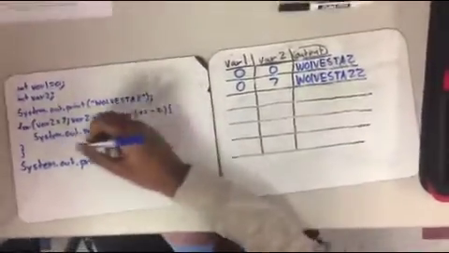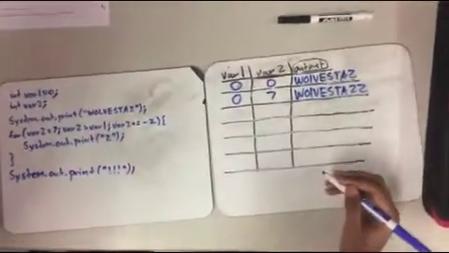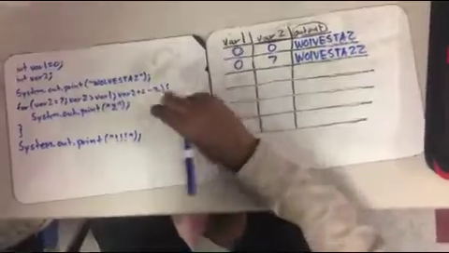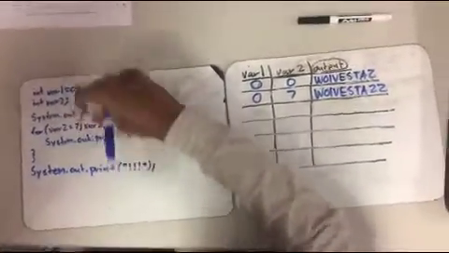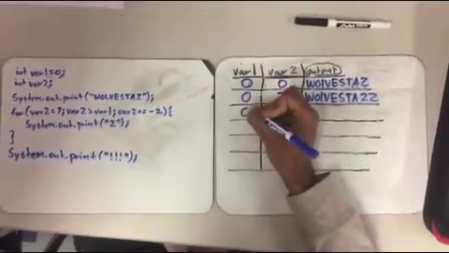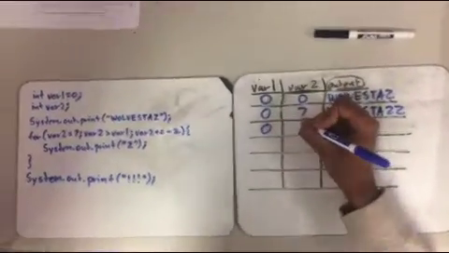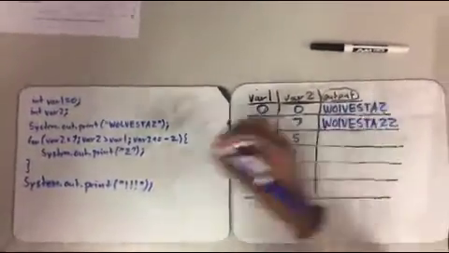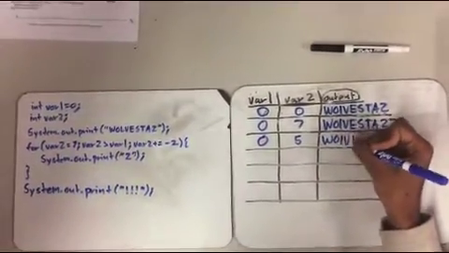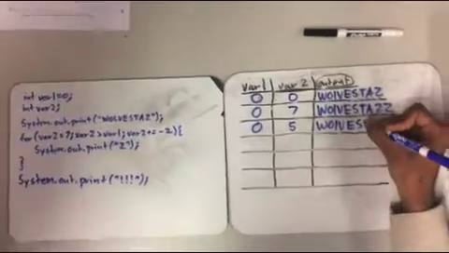And now we go back to the beginning of the for loop and we do it again. So now var1 would be equal to 0, and then var2 would be equal to 5. Then you run this again, you do the same thing, only you add another z onto the end.